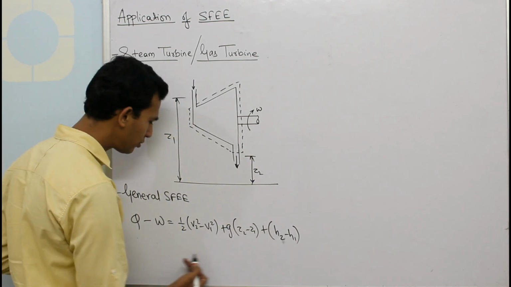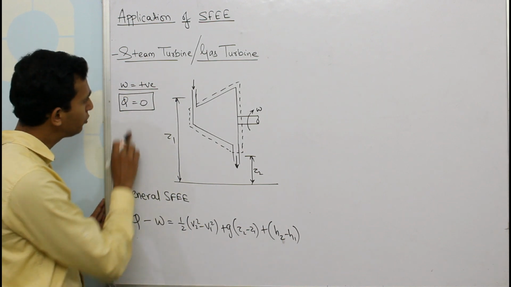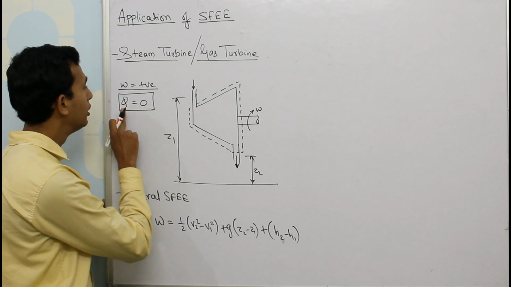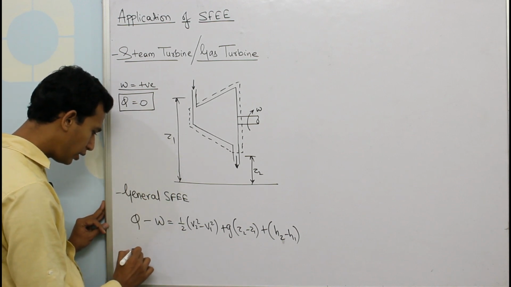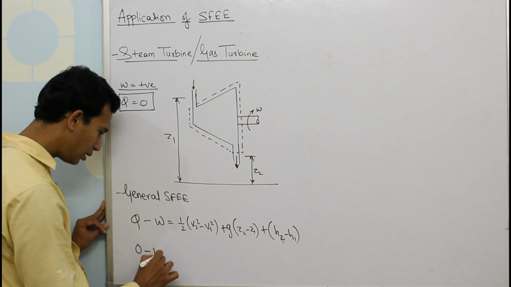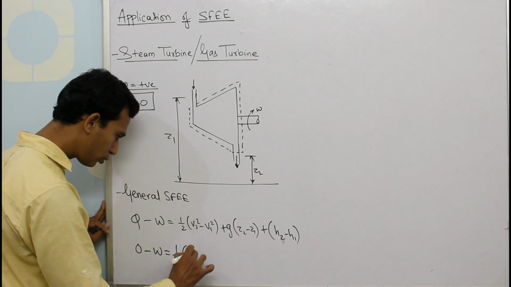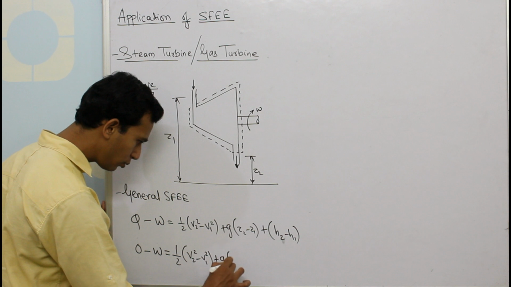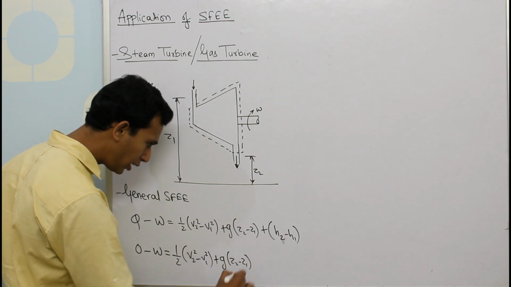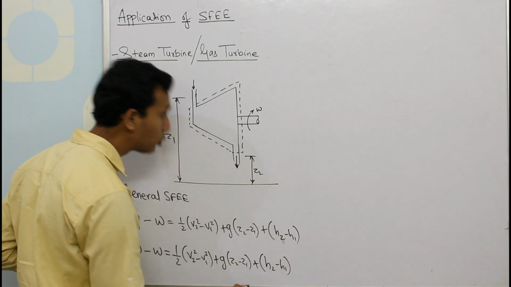This is on unit mass basis. So this is the equation. Now substituting these two values, W will be there and Q will not be there. So if you put the conditions here, 0 minus W is equal to half into (V2 square minus V1 square) plus g into (Z2 minus Z1) plus (H2 minus H1).